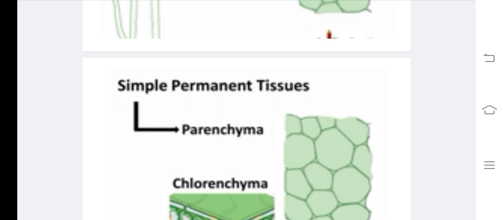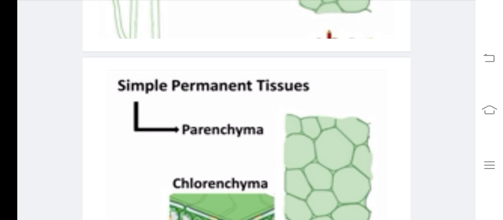Meristematic tissues are again classified into apical meristem, lateral meristem, and intercalary meristem. Based on two types, plant tissues are meristematic tissues and permanent tissues.